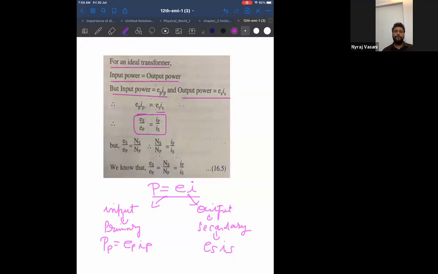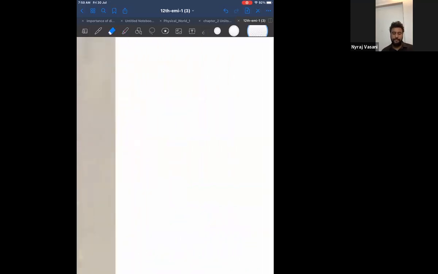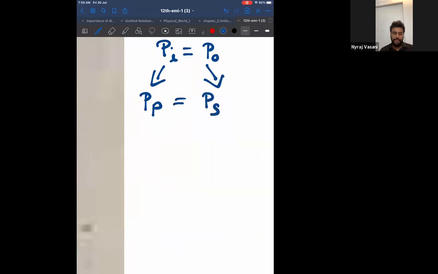Now, again, I'll explain on a blank page the same concept. Please look at the screen. Tell me, for an ideal transformer, can I say input power should be equal to output power? Input power is nothing but power of primary and output power is nothing but power of secondary.